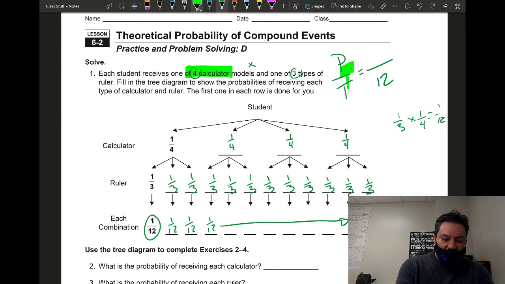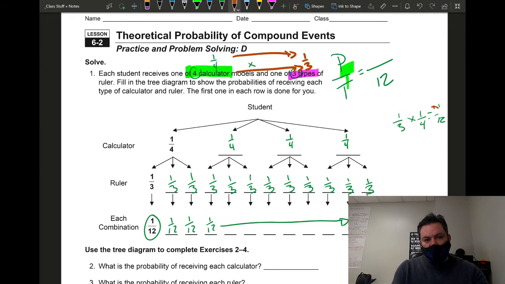So it's gonna be 1/4. And then the 3 rulers. Well, there's 3 different rulers, so there's gonna be 1/3. And to find the compound, all you gotta do is multiply straight across. 1 times 1 is 1. 4 times 3 is 12. That's it.